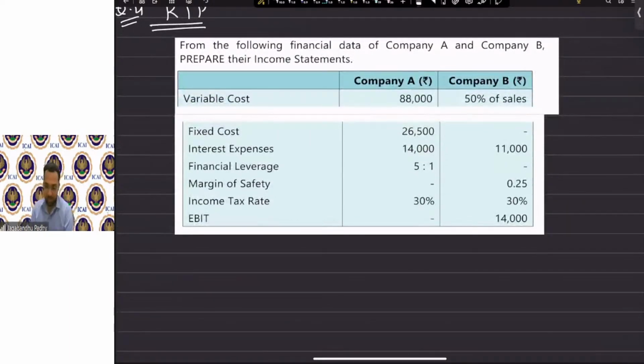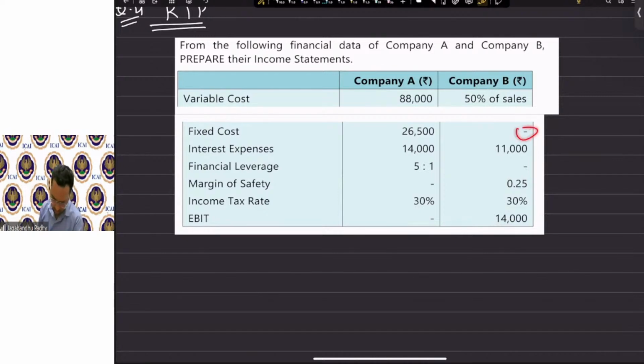The following financial data of company A and company B, prepare the income statement. We have variable cost given, fixed cost is there. For company B, there's no fixed cost. Interest expense is given, financial leverage, margin of safety is given, income tax rate is given, and EBIT is given as 14,000.